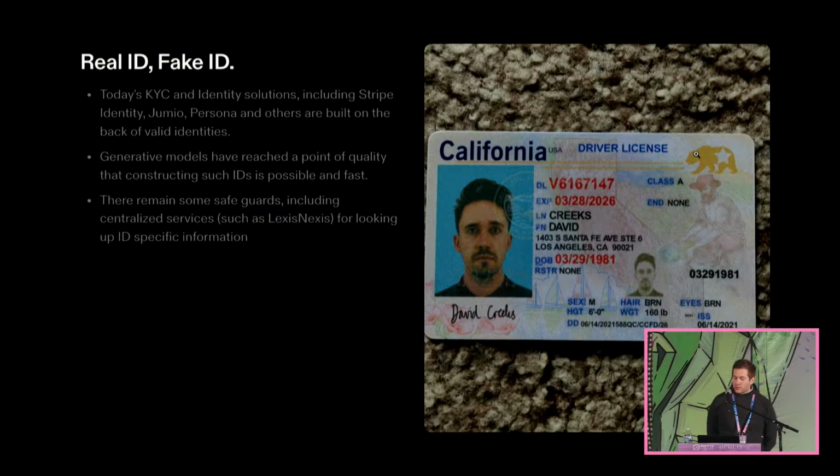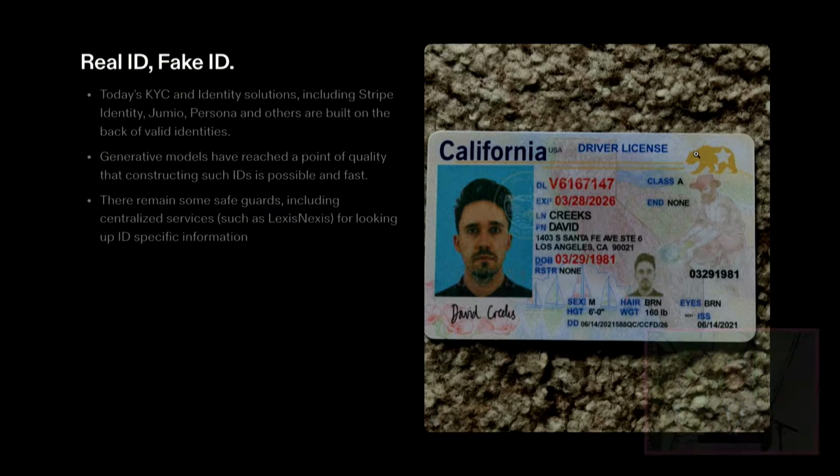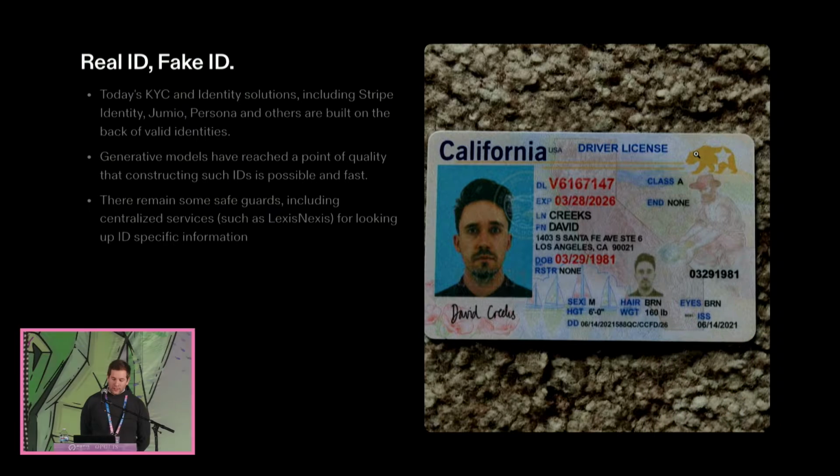And it was used to bypass some OKX identity KYC. So there are still safeguards. So for example, this has on it like an issuance ID, and you can actually check with a central authority like LexisNexis to ensure that the ID was issued by a government organization. But if you mix this fake ID with like a valid serial ID, you can actually bypass those checks as well. So this is a challenge.